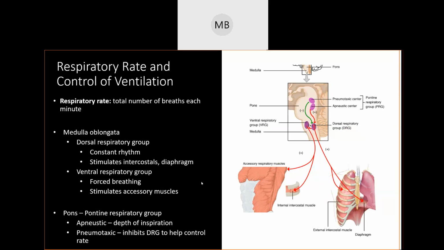There you go, right? The region of the brain that detects all of this happy stuff is called the pons. You guys may remember that from A&P1, right? But the pons within the medulla oblongata detects carbon dioxide and oxygen partial pressure levels within your bloodstream.